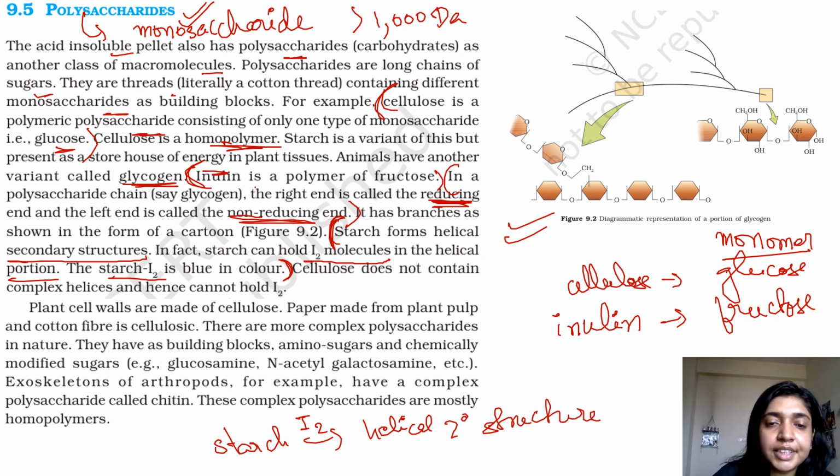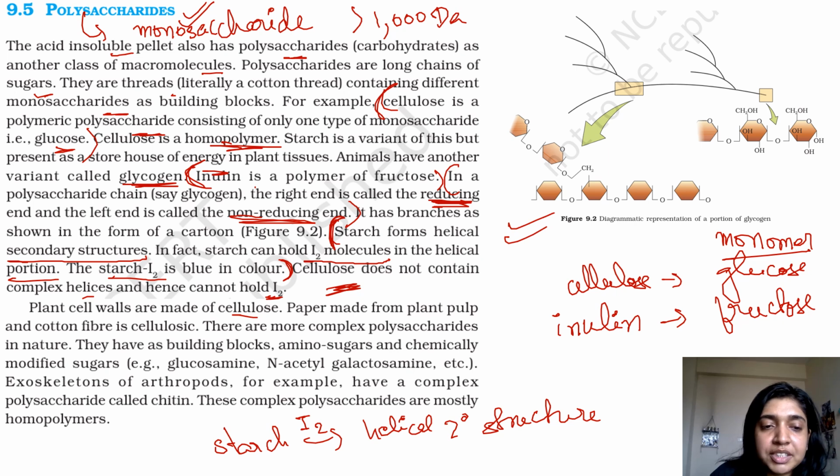Cellulose does not have complex helices and cannot hold I2, I mean iodine. So cellulose does not give iodine staining because it does not have any complex helices like starch does. Plant cell walls are made up of cellulose. Paper is made from plant pulp, which is cellulosic.